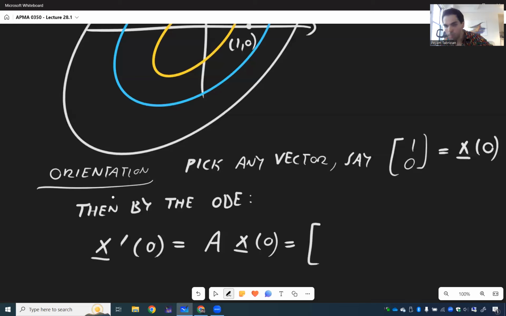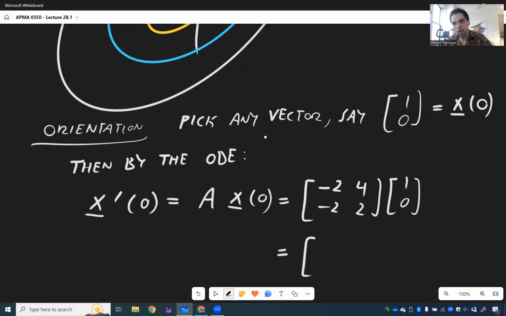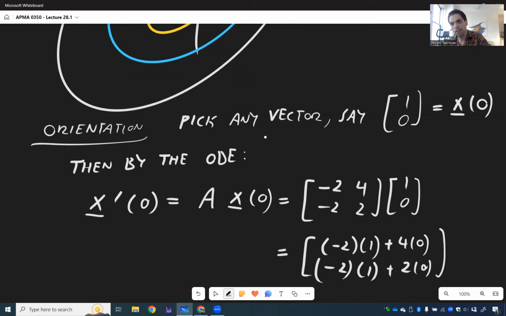And that becomes the matrix (-2, 4; -2, 2) times (1, 0). And that becomes (-2 times 1 plus 4 times 0, -2 times 1 plus 2 times 0), and that becomes (-2, -2).